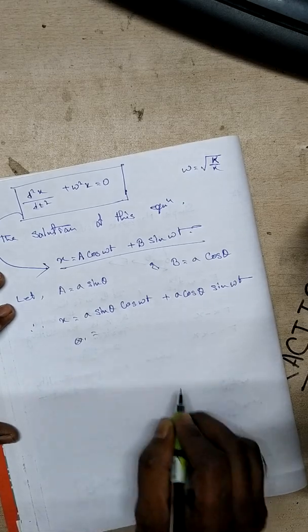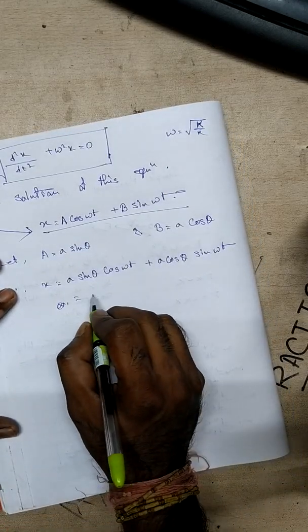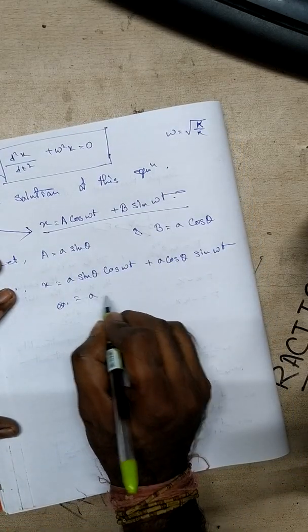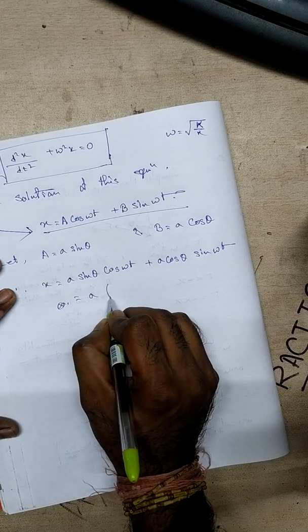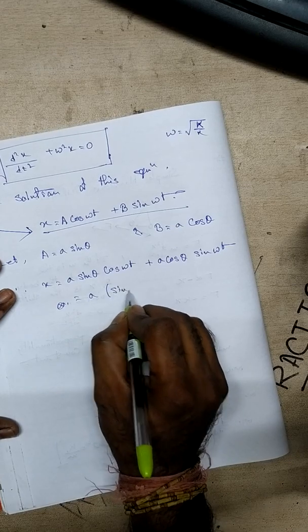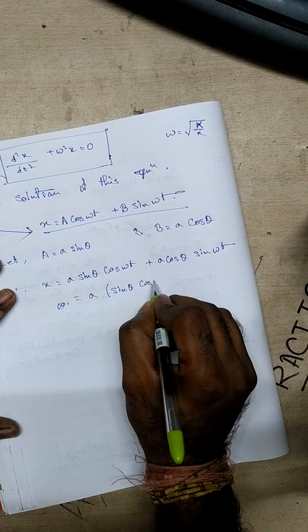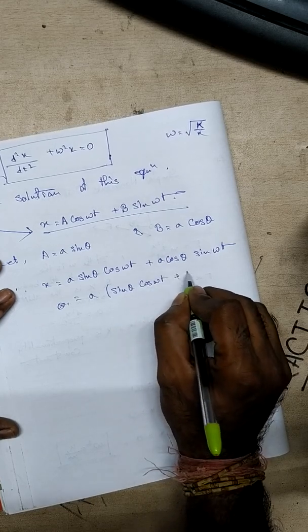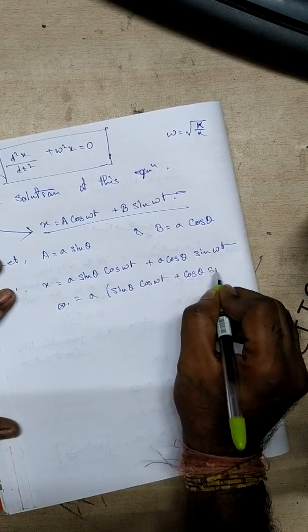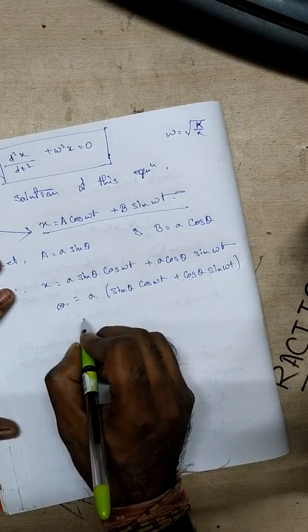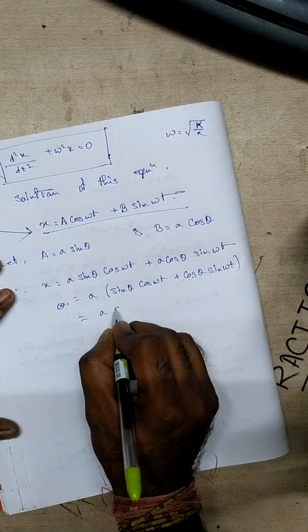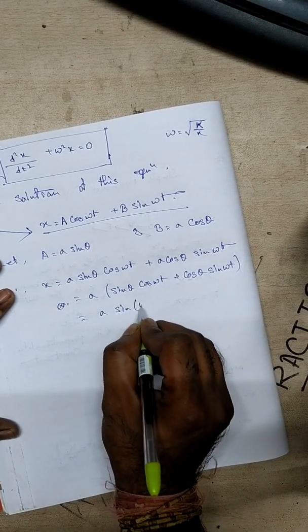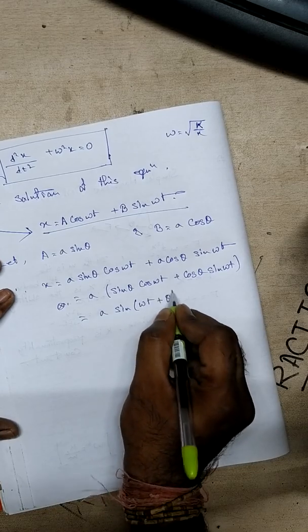Now, or sorry, x is equal to A times sin theta cos omega t plus cos theta sin omega t. We can rewrite this equation as A sin(omega t plus theta).